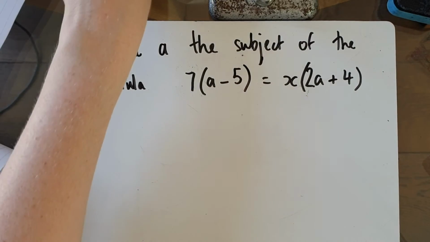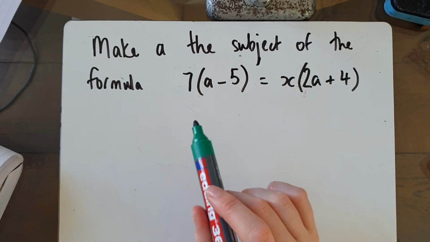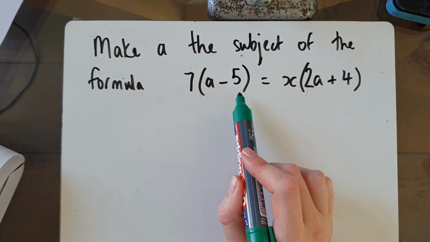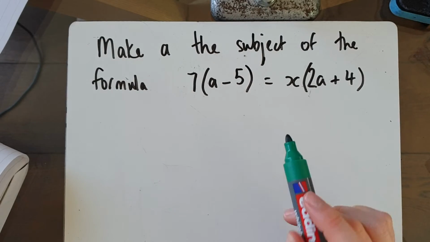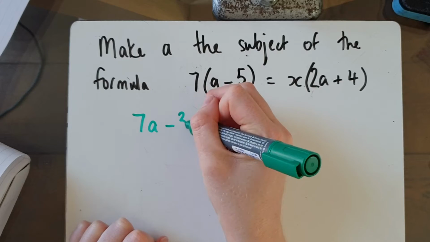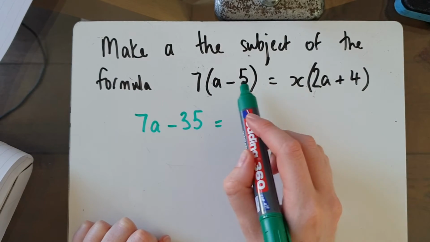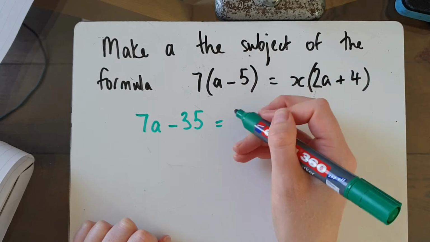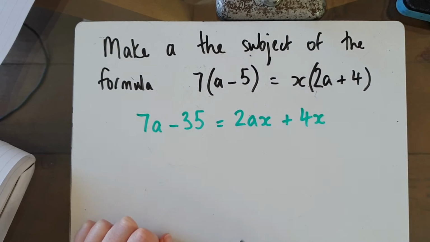Okay, another similar example. We're making A the subject again. This time it's 7A minus 5 equals X into 2A plus 4. So again, I'm going to expand the brackets out on both sides. So 7A minus 35X, this is going to be 2AX plus 4X.